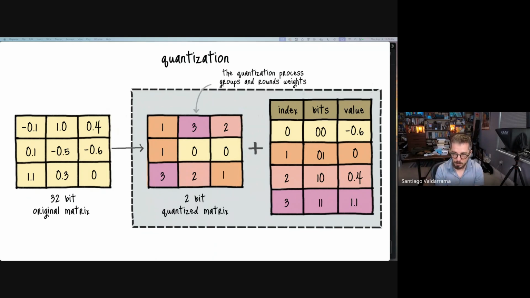The downside, obviously, is you're rounding the values. You cannot have the precision that you had before. Because before, this number and this number and this number were all different. Now they're all the same. The new model has all of those numbers being the same. That is going to introduce errors.